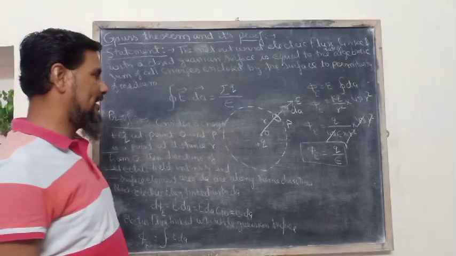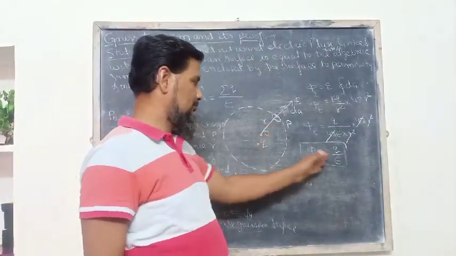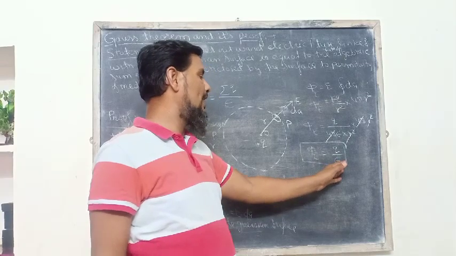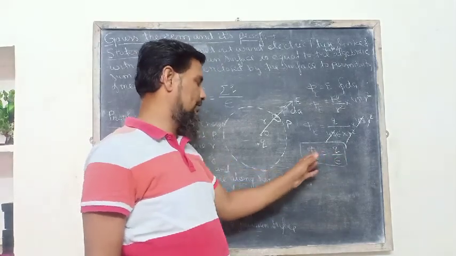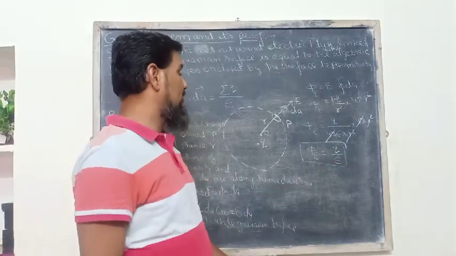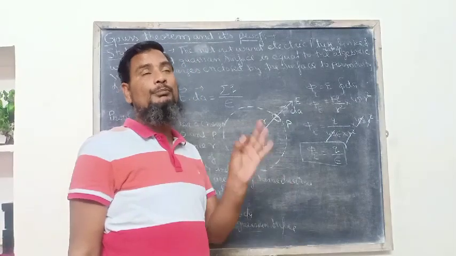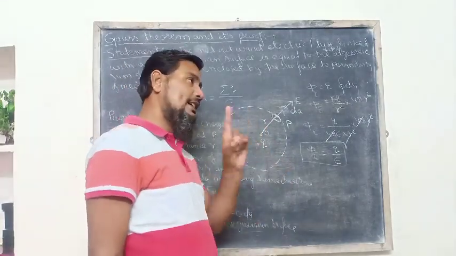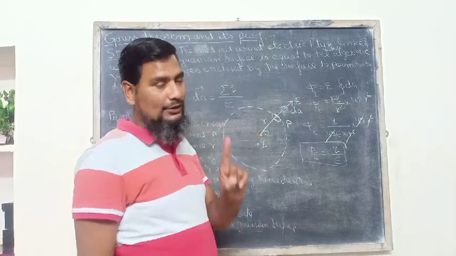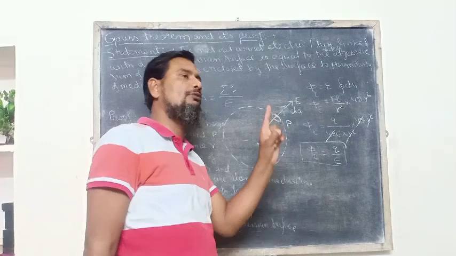We also studied that there is no R in the Gaussian surface case or in Gauss theorem. So the flux only depends upon the algebraic sum of charges enclosed by the surface. It never depends upon the surface area and the size of the Gaussian surface.